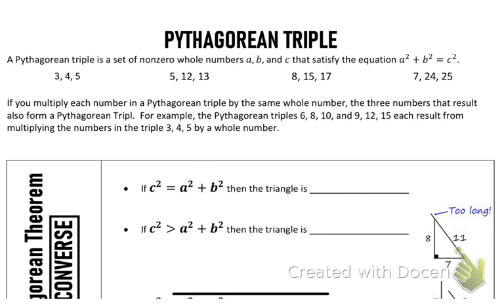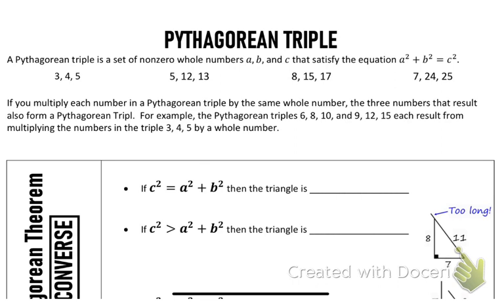So for example, 3, 4, 5, that's a Pythagorean triple. If I multiply them all by 2, 6, 8, 10, that's a Pythagorean triple. So if you notice 6 and 8, you can go, oh, 10 would work there as well. If I multiply these by 3 and have 9, 12, and 15, that's a Pythagorean triple as well.